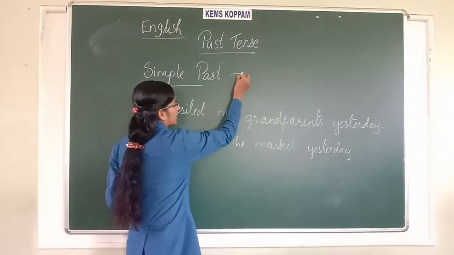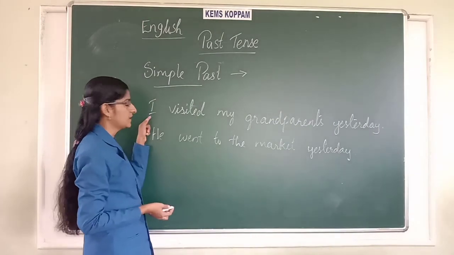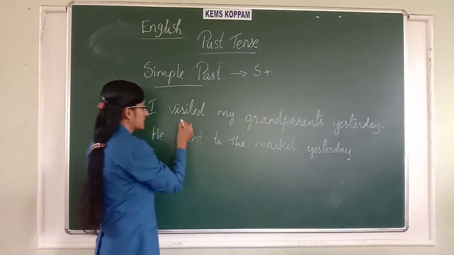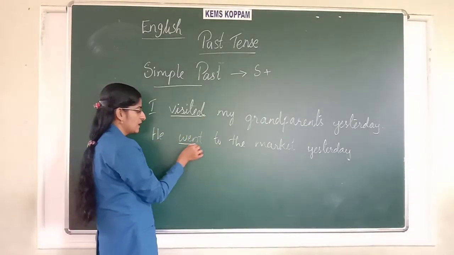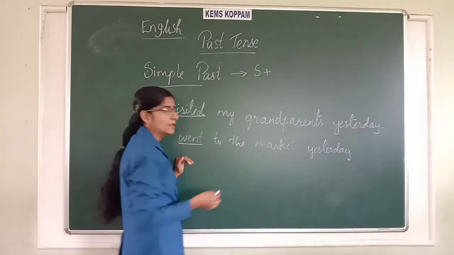So first we are going to write the sentence structure. First one, subject, I. Subject plus then verb. Look at the verb: visited, went. So this is the second form of the verb, V2.